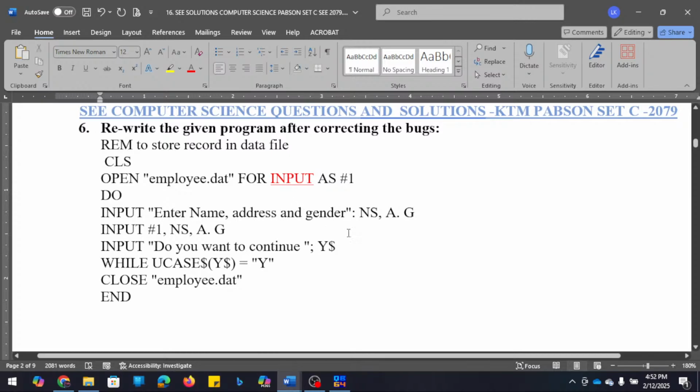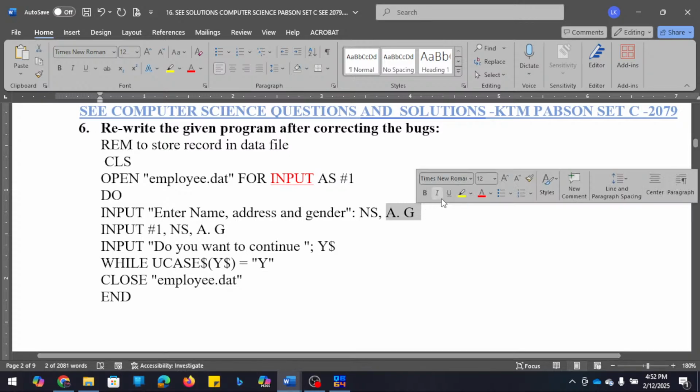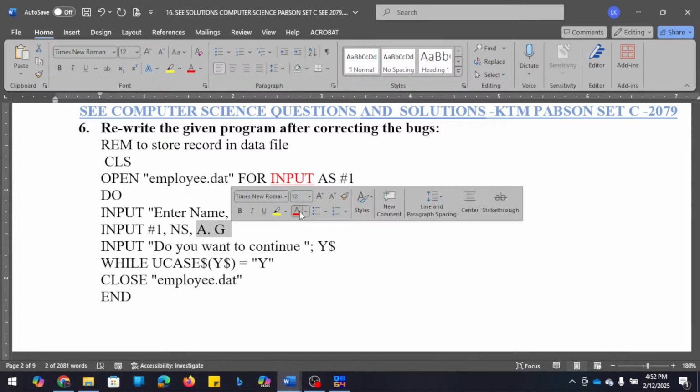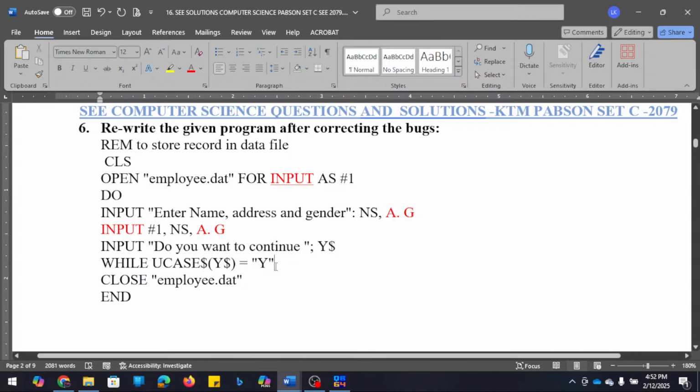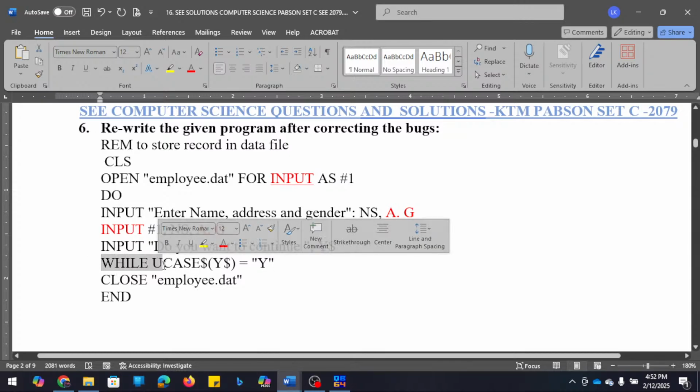So the next mistake is here. Here is a mistake. Next is a.t. Here is also. Similarly here also. Y dollar goes to Y. So here the loop is missing.